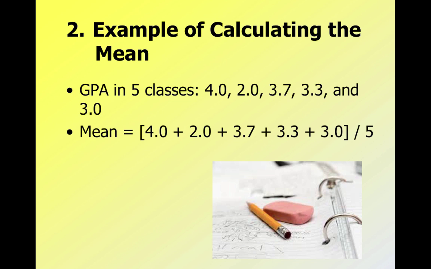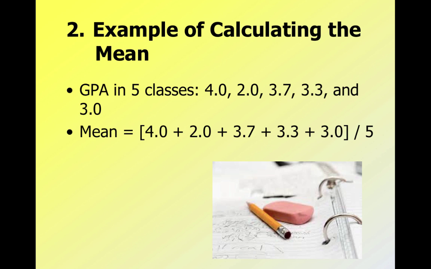So in this case, we must use parentheses or brackets to indicate that we add up all of our scores first, and then we divide that sum by 5. Otherwise, if we didn't put these brackets around here, we would do 3 divided by 5, get that number, and then add them all up, which would not be appropriate.